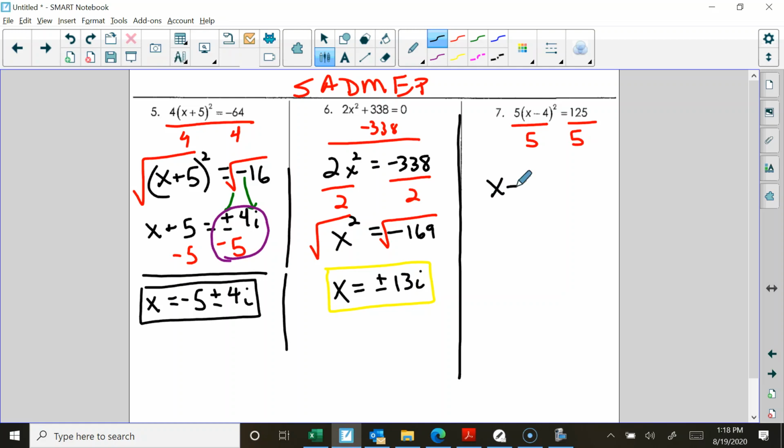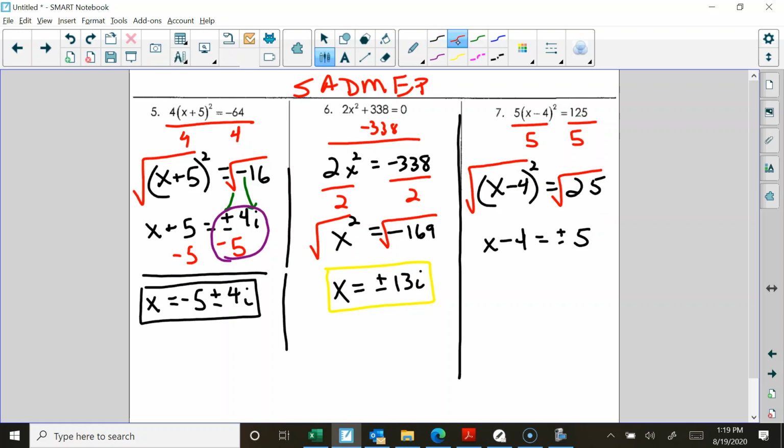So (x minus 4) squared equals 25. Okay. Moving on to exponents. Take the square root of both sides. x minus 4 equals plus or minus 5. There's no i on this problem because 25 is a perfect square.